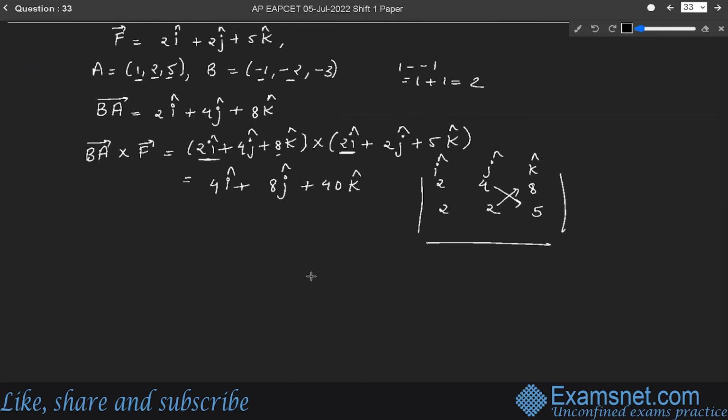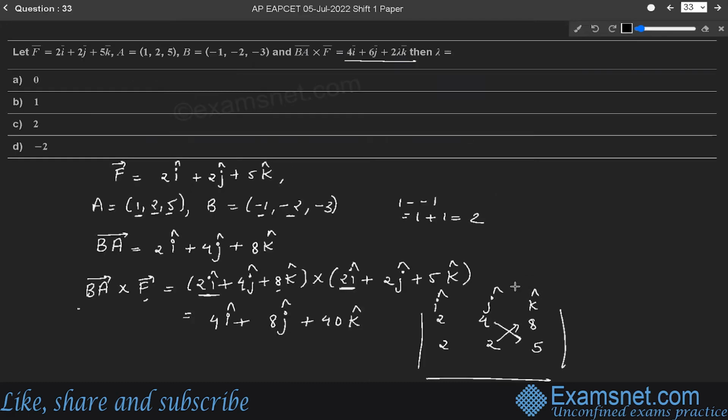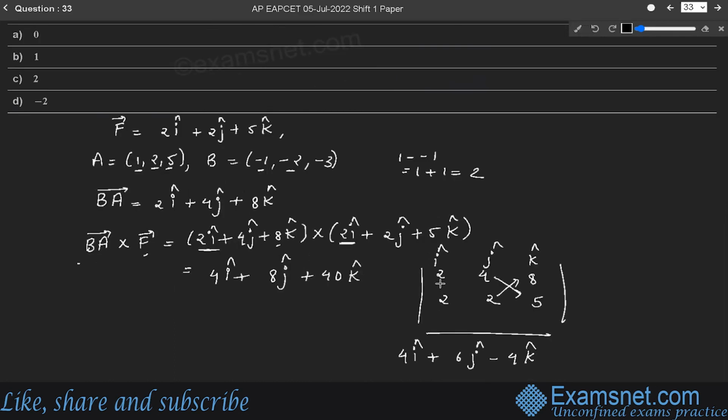So solving in this way, the equation will be 4i cap plus 6j cap minus 4k cap. Now, it is already given that BA vector cross F vector is equal to 4i plus 6j plus 2 lambda k. And after solving the determinant, we have 4i plus 6j minus 4k. This is equal to 4i plus 6j plus 2 into lambda into k.